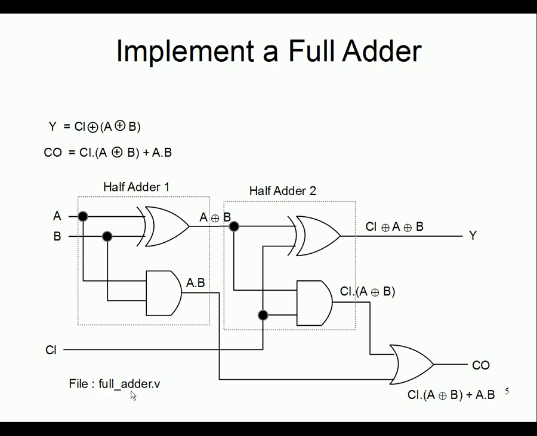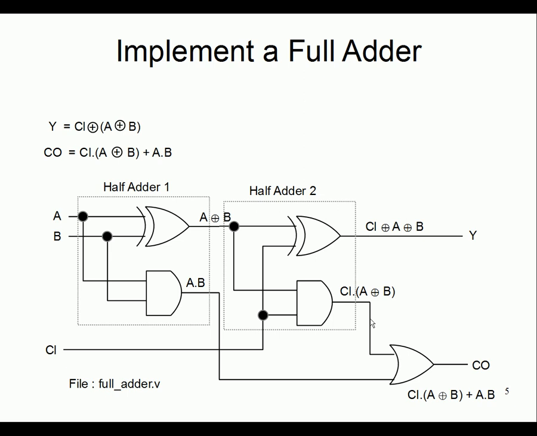So create a file fulladder.v in this project tree, instantiate two half adders, connect them like this along with the OR, and that will become a 1-bit full adder for you.